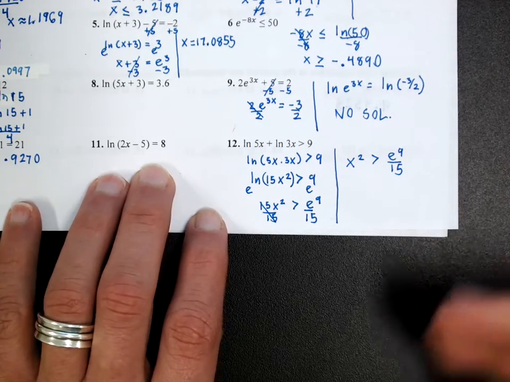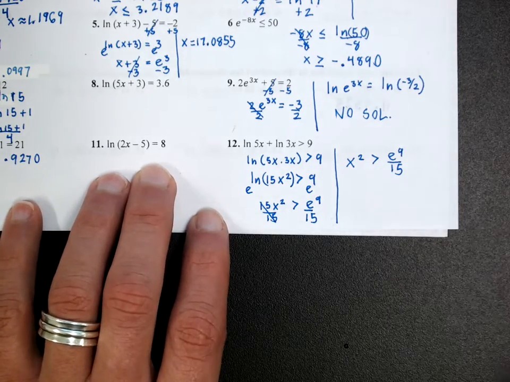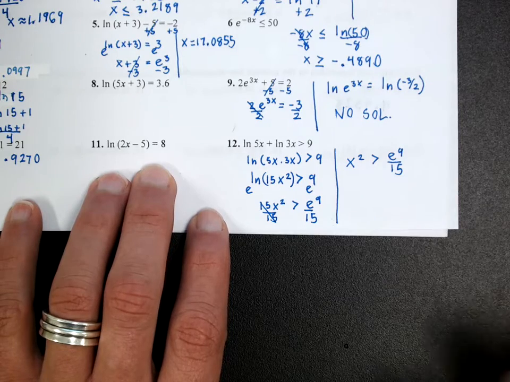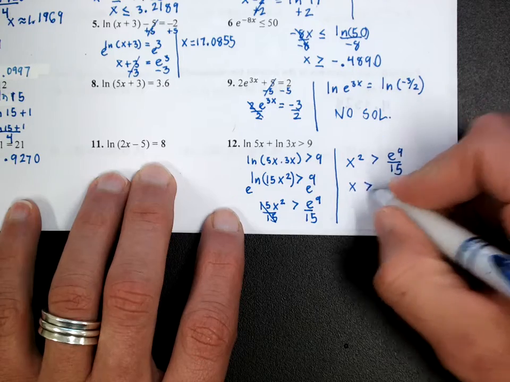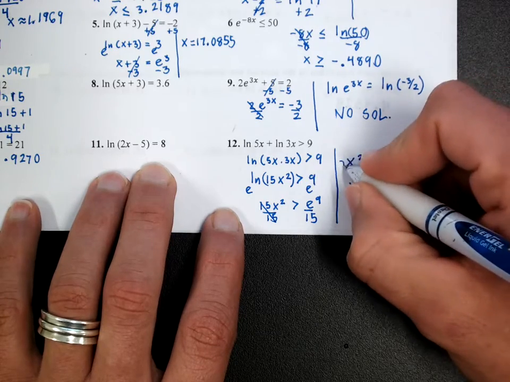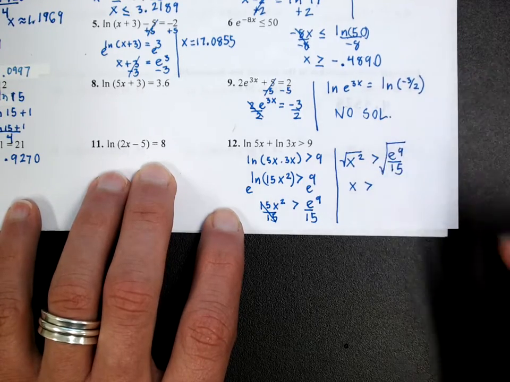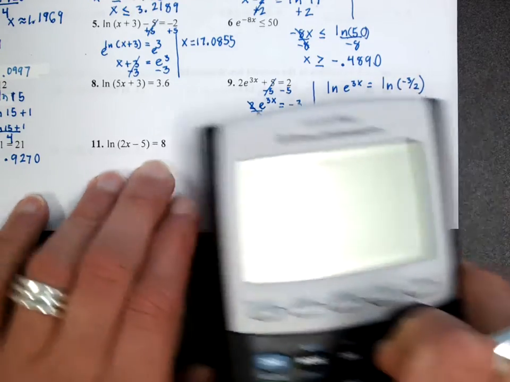Again, if you want to, you can go ahead and put that in your calculator to see what it is, but I'm trying to solve for x, so I'm going to take the square root of each side and then see what happens.